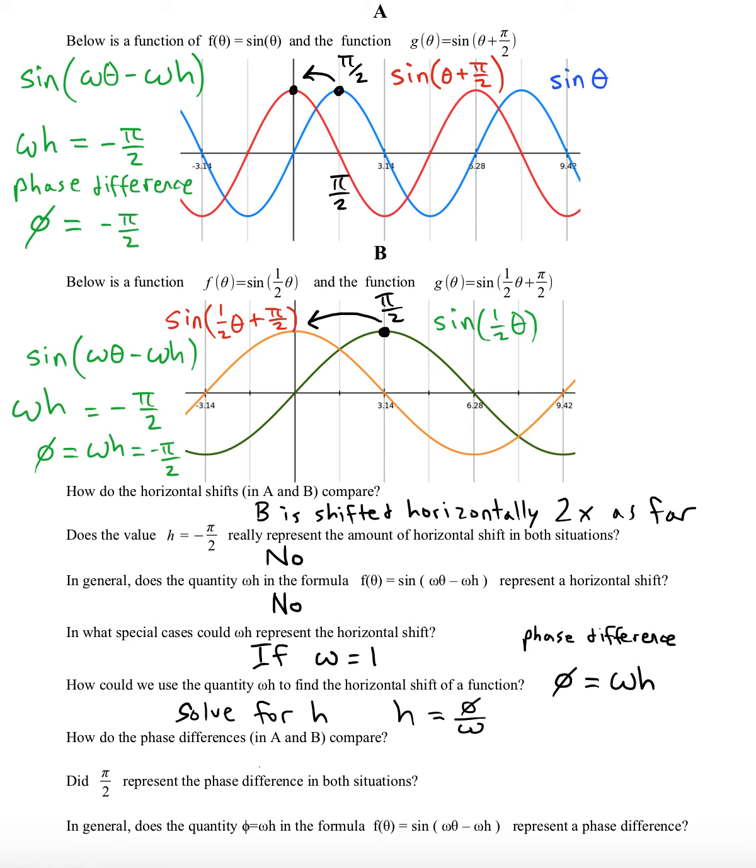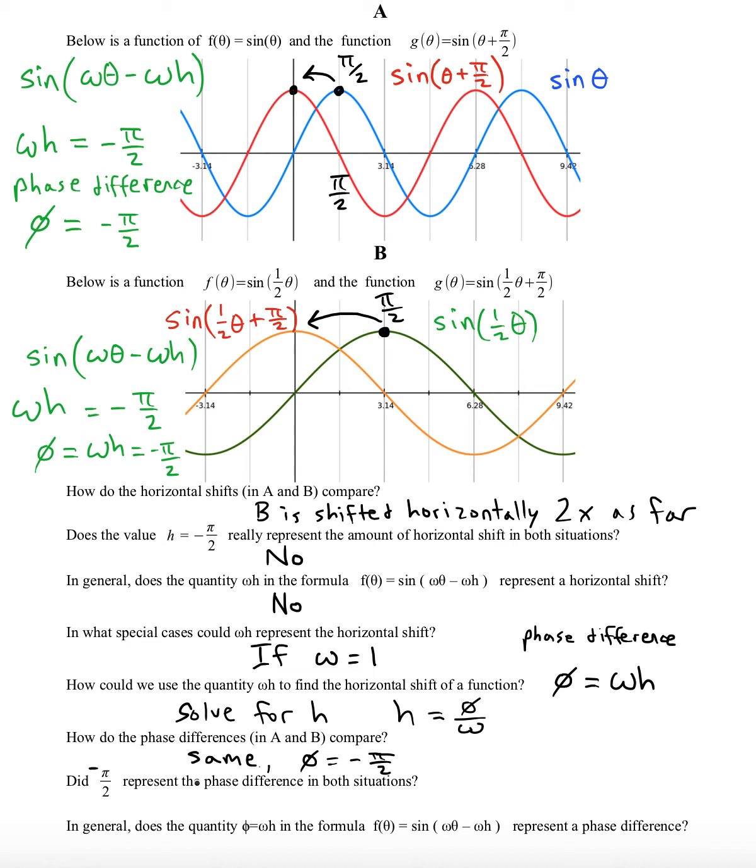Now, how do the phase differences in A and B compare? They're actually the same. Both of them are negative pi over 2. We shifted to the left of 1/4 cycle in both cases. So does pi over 2 represent the phase difference in both situations?